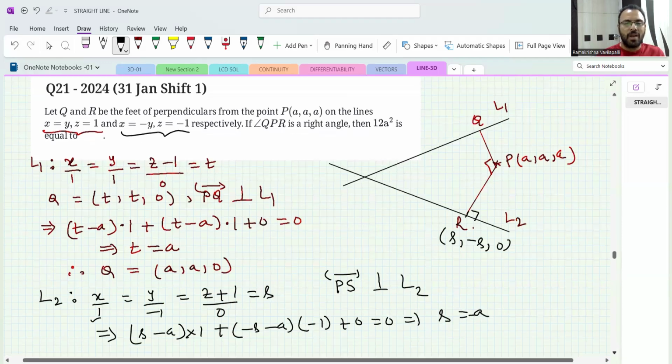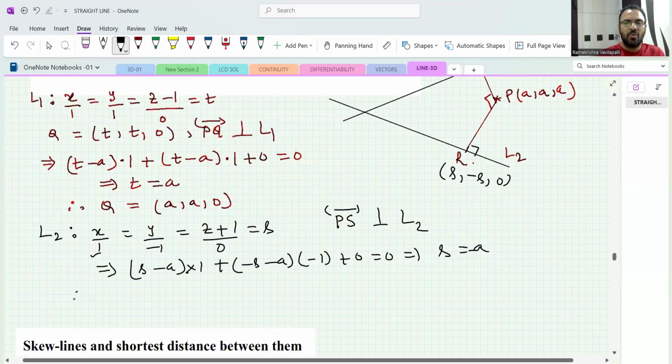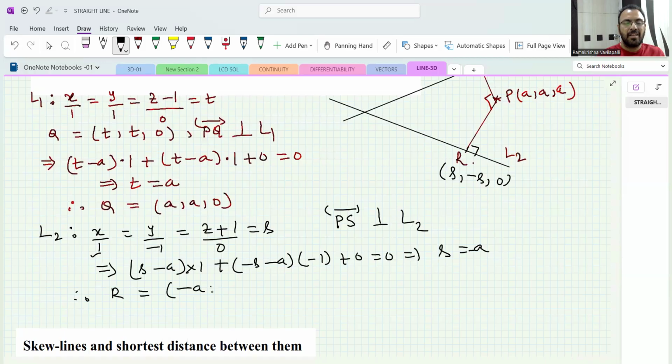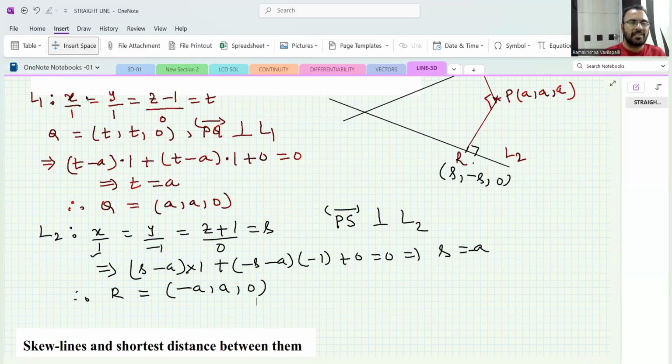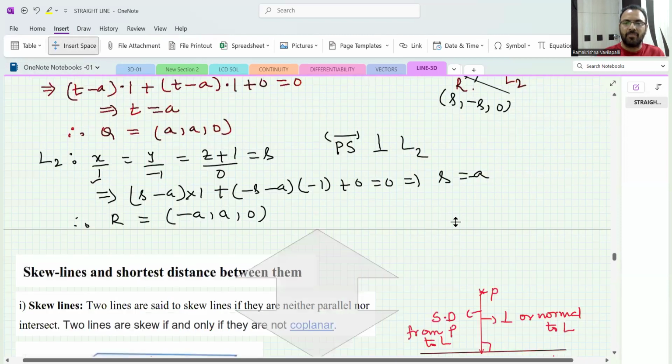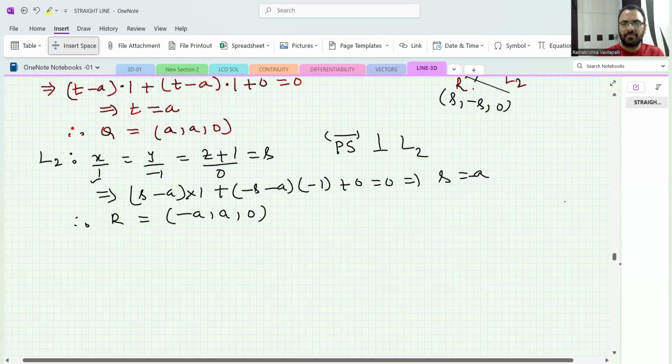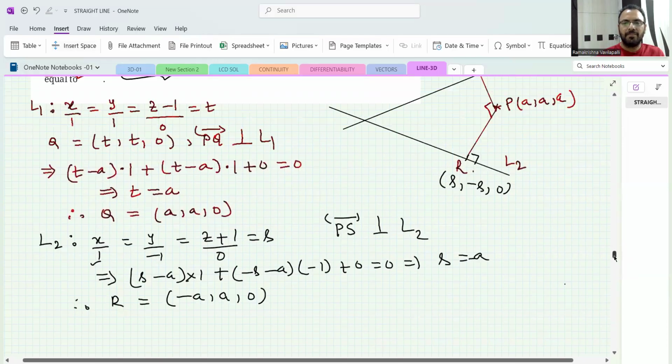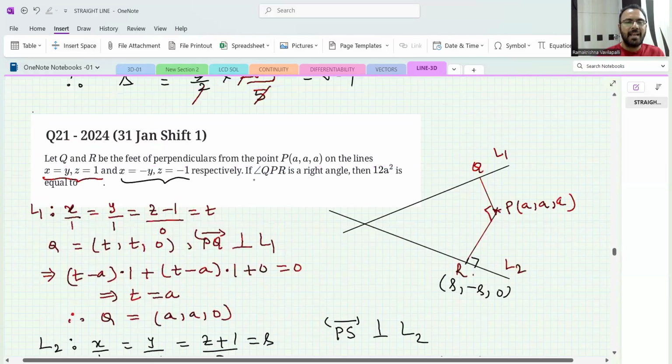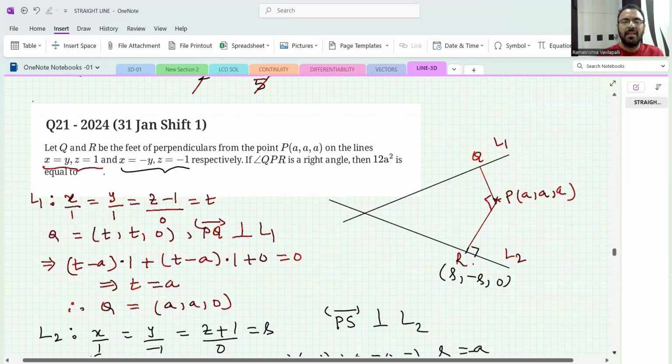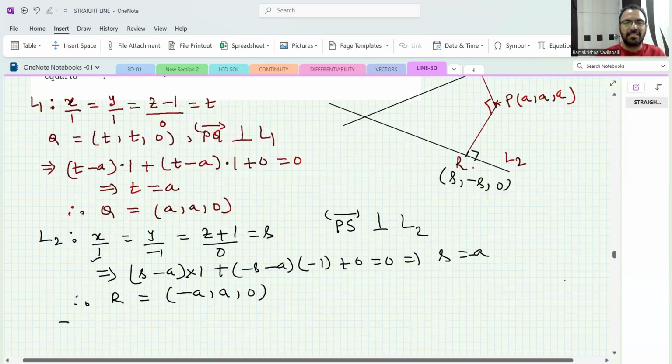Therefore, what is the point R? R is equal to (minus a, a, 0). Now the question is not yet finished; they have given something else. Angle QPR is a right angle. Angle QPR being a right angle is nothing but PQ is perpendicular to PR.